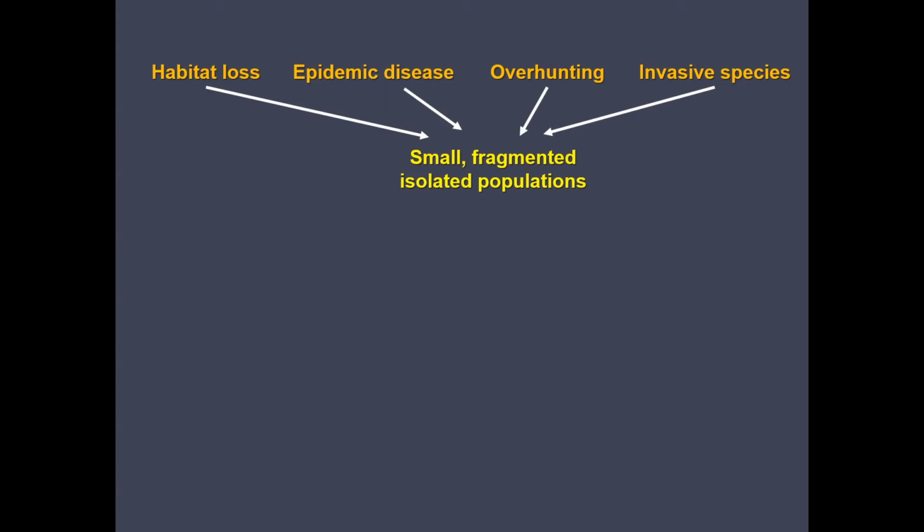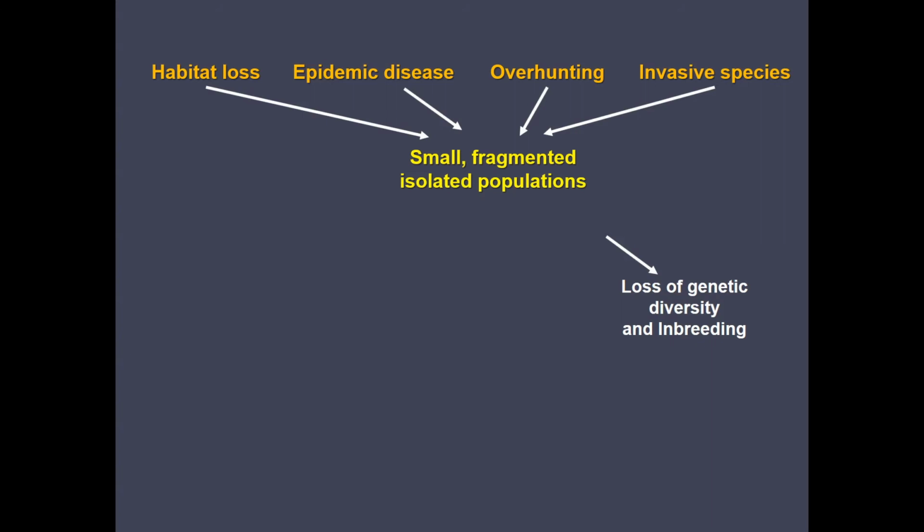These kinds of processes can ultimately produce small, fragmented, isolated populations. We'll talk more about this as part of the declining population paradigm lecture. But the key here is, once the population becomes small, fragmented, and isolated, we can start to see loss of genetic diversity. By loss of genetic diversity, we mean genetic drift and inbreeding.